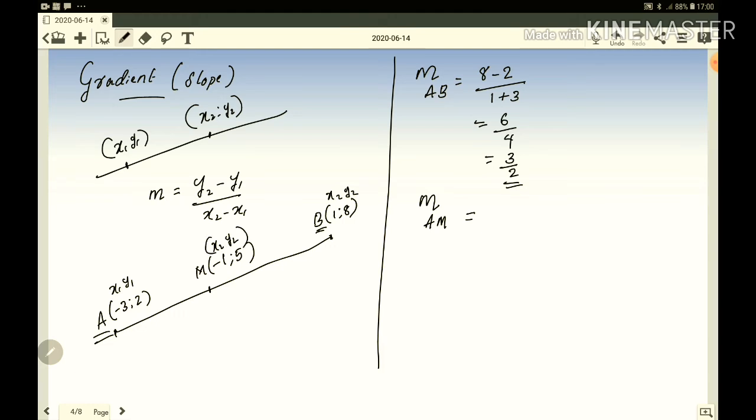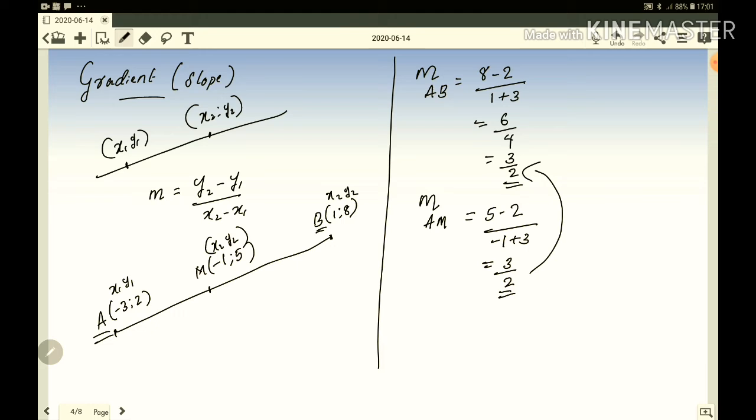So y2 minus y1 is 5 minus 2. Then x2 minus x1 is minus 1 minus (-3), that is plus 3. When you do it, it's going to be what? 3 divided by 2. Did you see that? The very same gradient we got. So you can choose any 2 points. You will get the same.